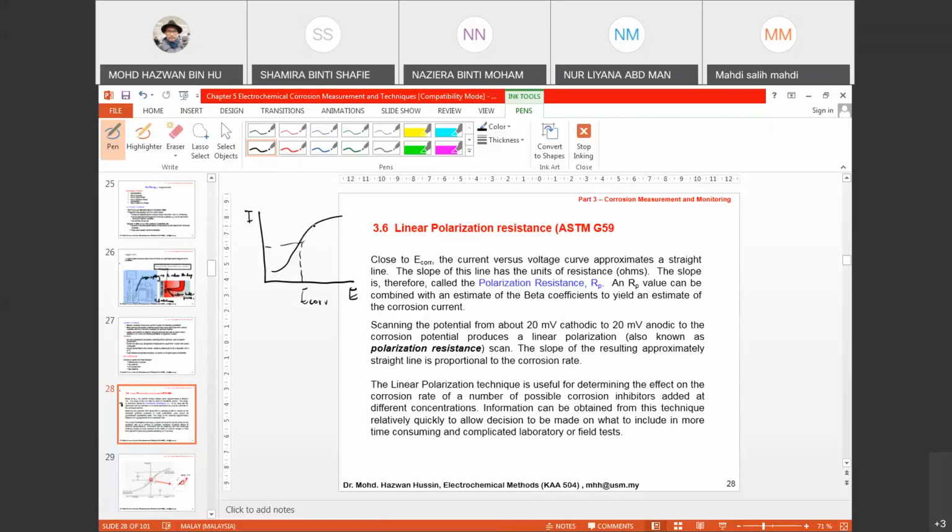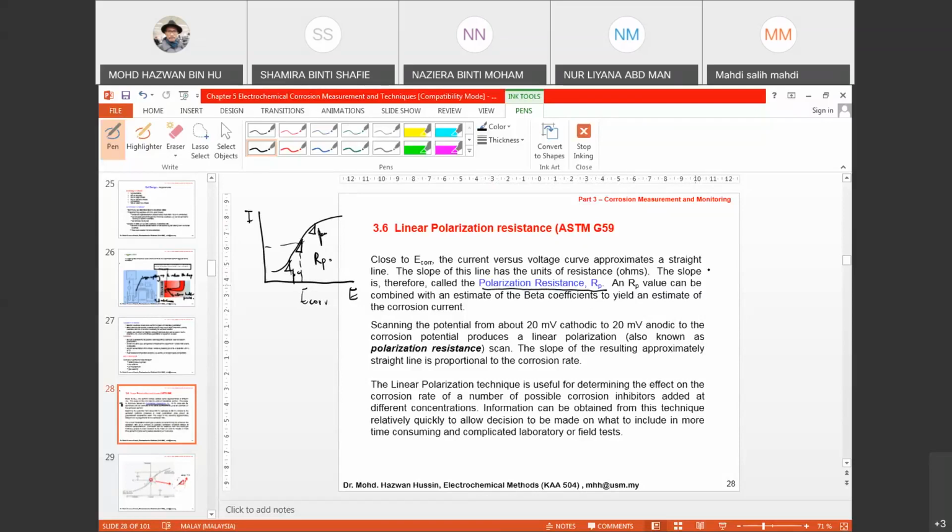The slope here is equal to beta A. The slope here is equal to beta C. And in fact, the slope in the middle is equal to Rp, the polarization resistance. This is the essence of the linear polarization process, where you will get polarization resistance, Rp.